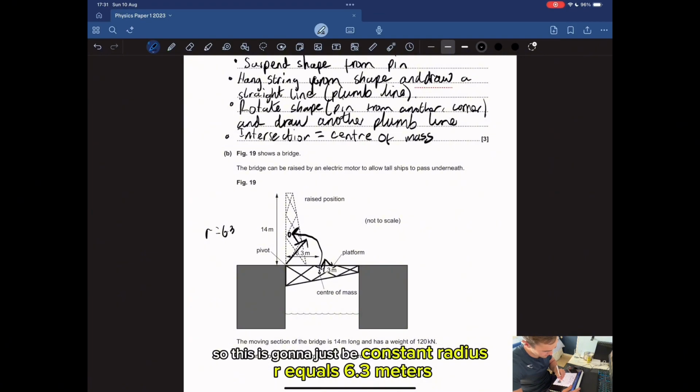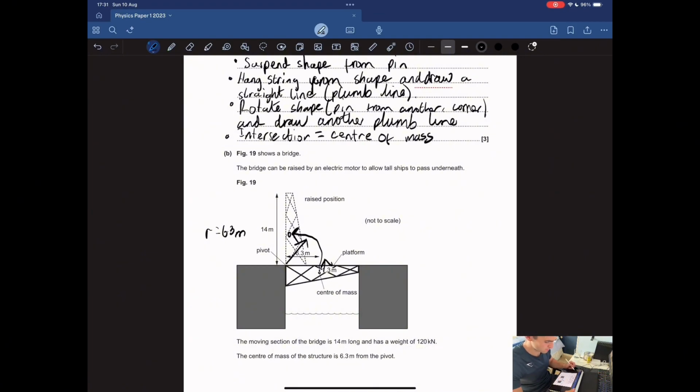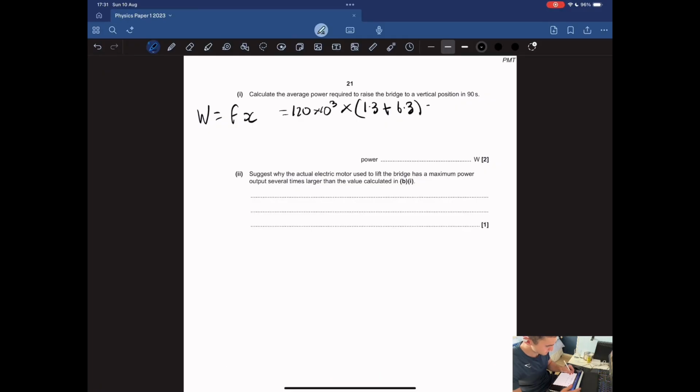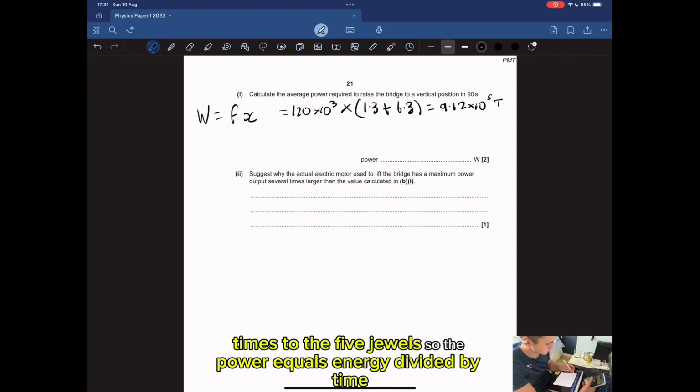So this is just going to be a constant radius. R equals 6.3 meters. As it pivots around that pivot point, the distance is going to be 1.3 plus the 6.3 to rotate, which gives 9.12 times 10 to the 5 joules.